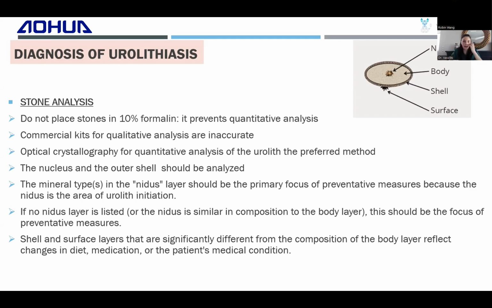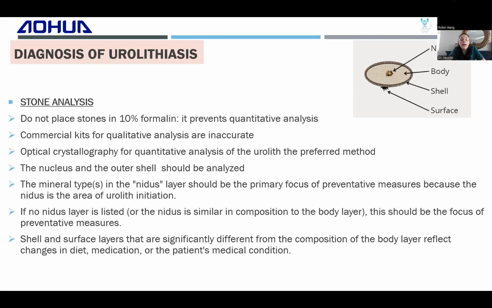So let's say that I have a struvite nidus and my body is urate. Which kind of food am I going to give for struvite? Okay, I always treat according to the nidus. And this is the take-home message that I want you to take: when I have a urolith, I always treat according to the nidus, even if this is a mixed urolith or if it's a compound urolith.